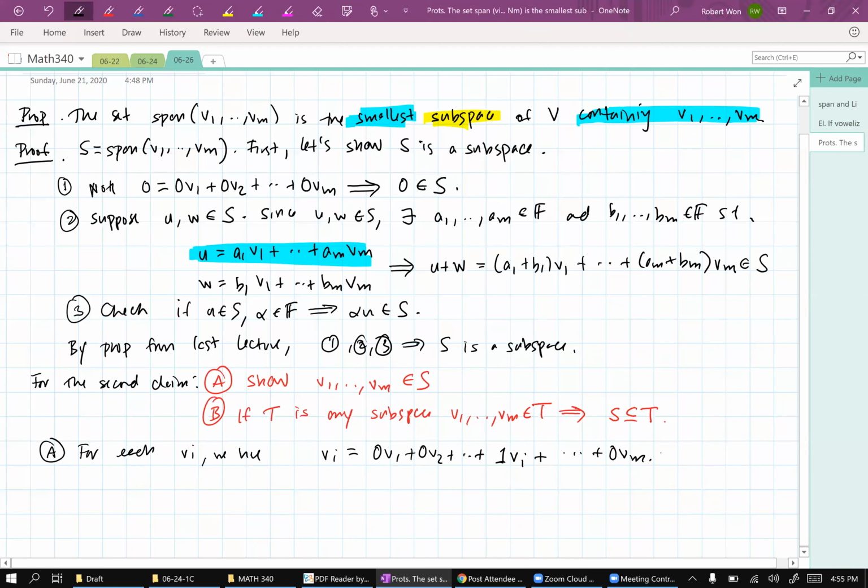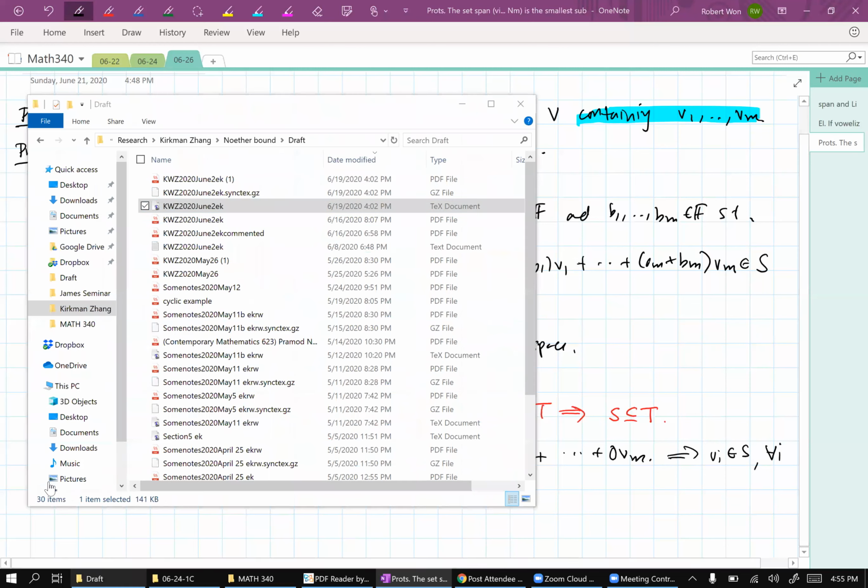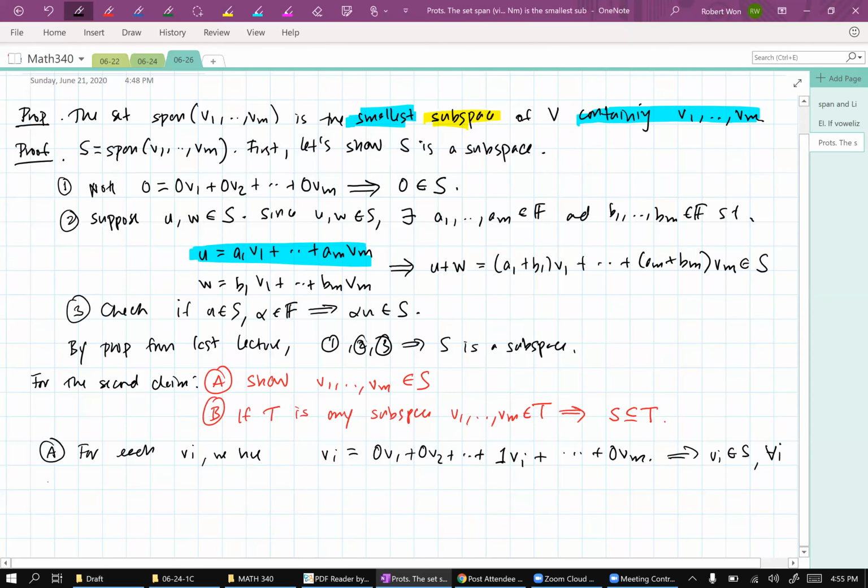You just take the scalar for the Vi to be 1, all the rest of the scalars to be 0. This shows that Vi is in S for all i. So that shows that S contains V1 through Vm.